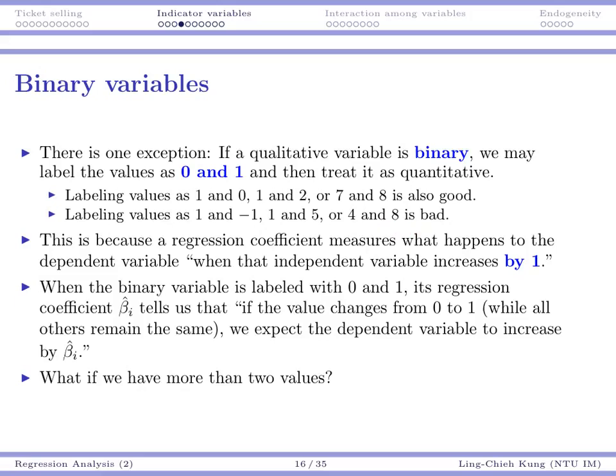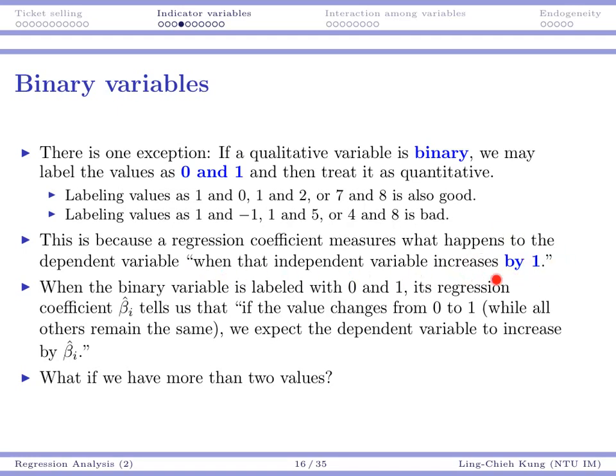Why is that? As long as we label the two possible values as numbers whose difference is 1, then the regression coefficient can tell us the impact when the value goes from one to the other. Because in general, when we put a numerical variable into a model, that coefficient tells us what happens to the dependent variable when the independent variable increases by 1.